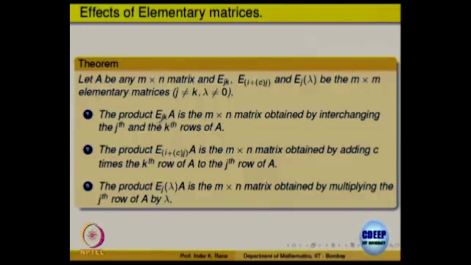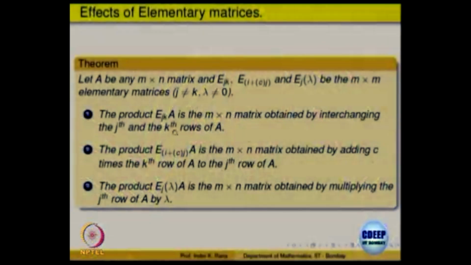So take the matrix Ejk, which is m cross m, multiplied with A. So what will be the resulting matrix? Ejk is m cross m, A is m cross n, so the product will be an m cross n matrix, and that will be the same as if you had interchanged the jth and the kth row of A, right.